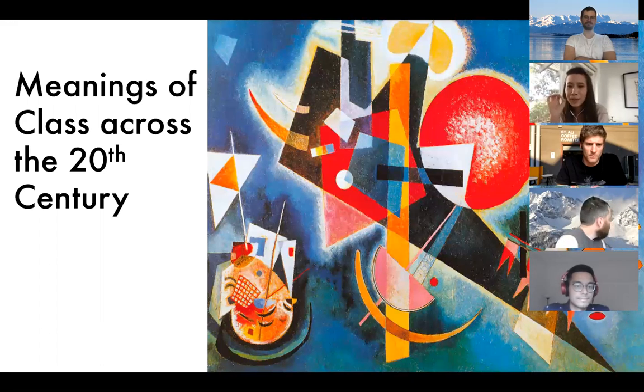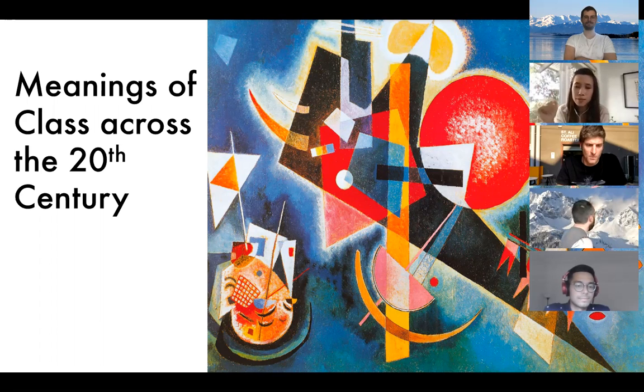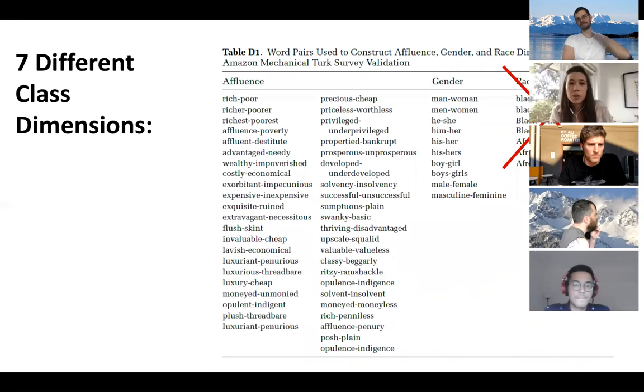Okay, so having gone to quite some length to show that this word embedding is able to capture constructs in a way that aligns with surveyed respondents' views, both today and in the 1950s, they only then turn to analyzing class and the interrelation and evolution of these class constructs. They construct 7 different class dimensions. They use the affluence and gender ones that I mentioned.